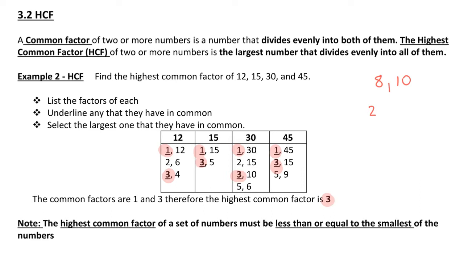The highest common factor must be less than or equal to the smallest of the numbers. It can't be bigger than any of them, because a factor divides evenly into another number, and it's not a multiple. So try not to confuse HCF with what we're going to look at next.